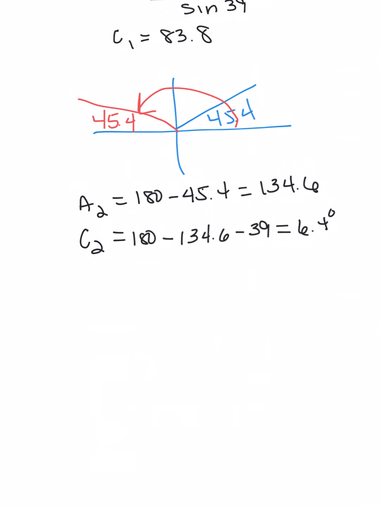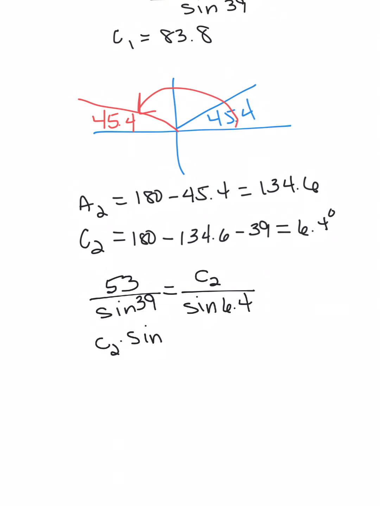We'll go back to our given pair of 53 over the sine of 39, and this has to equal side C2 over the sine of 6.4. Cross multiply, you get side C2 times the sine of 39 equals 53 times the sine of 6.4.